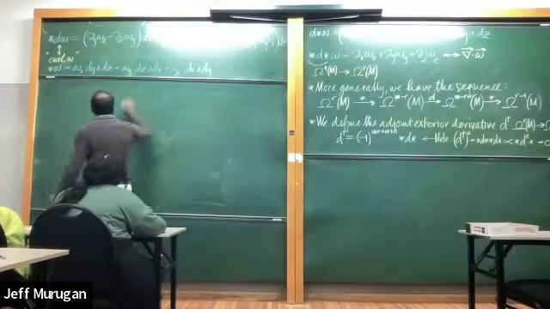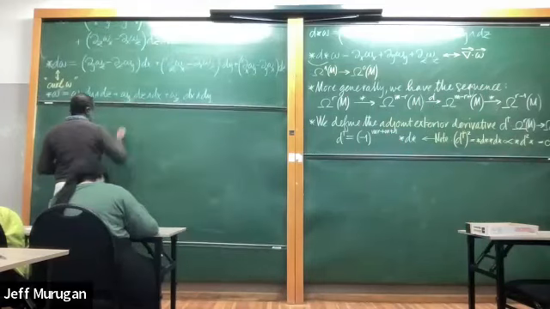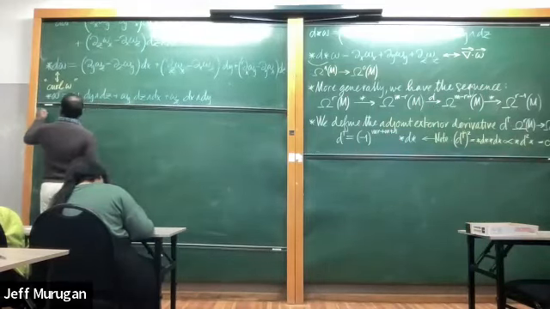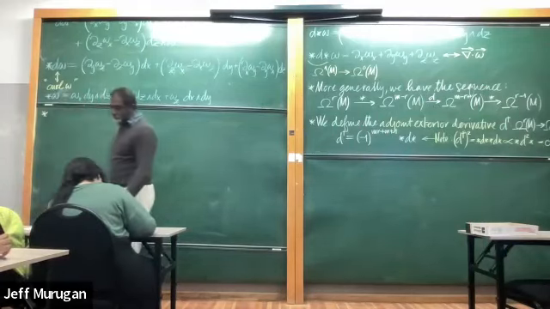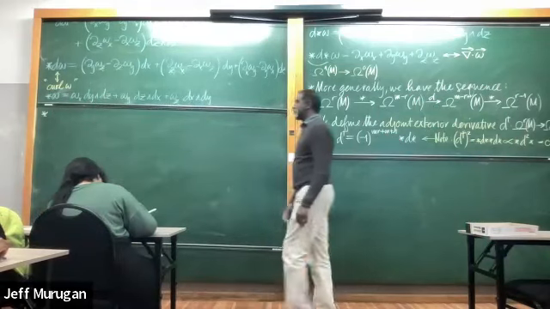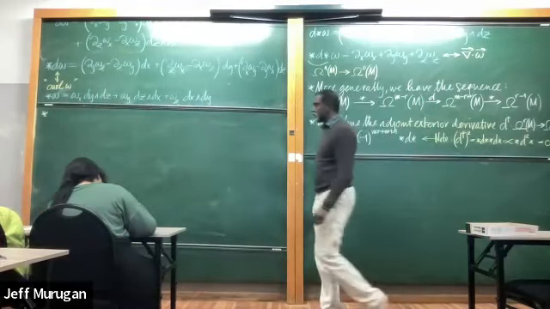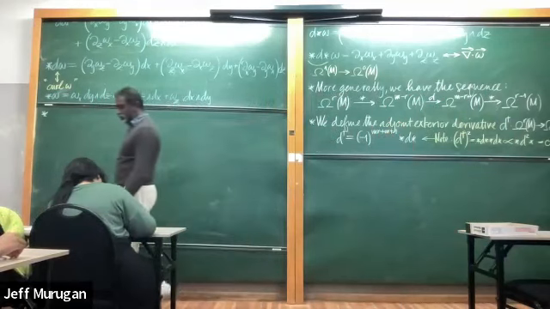Okay. So now let's return to our original goal, which was integration on manifolds. I want to start by defining for you the integration of a function on a manifold.